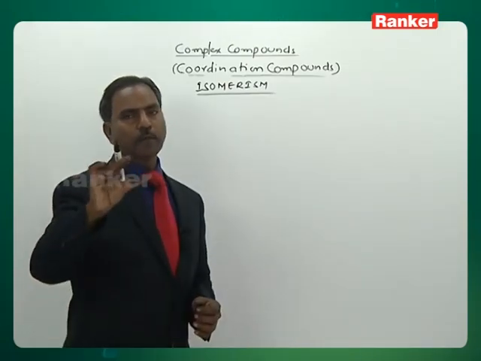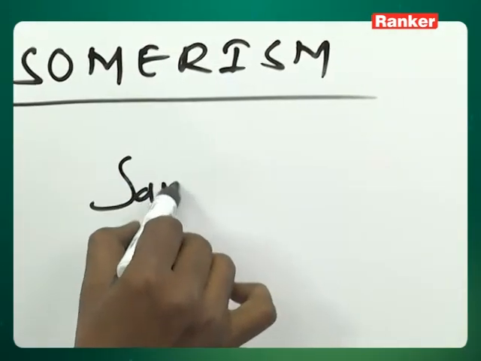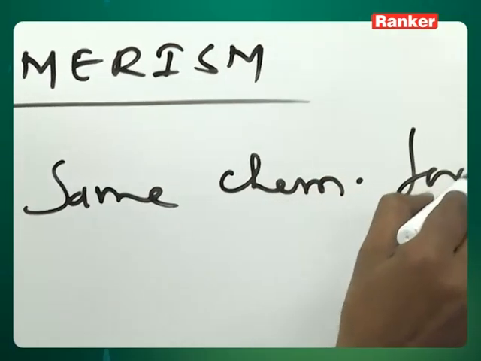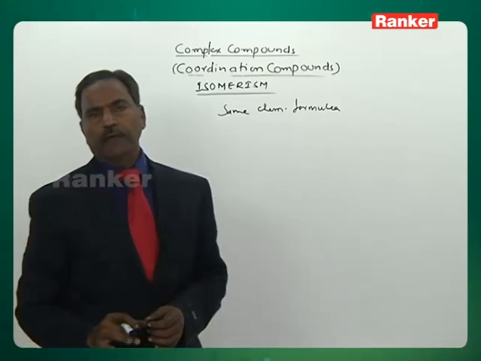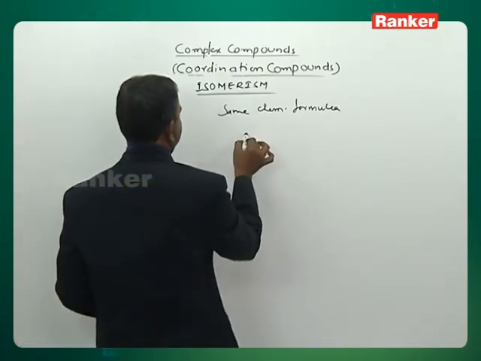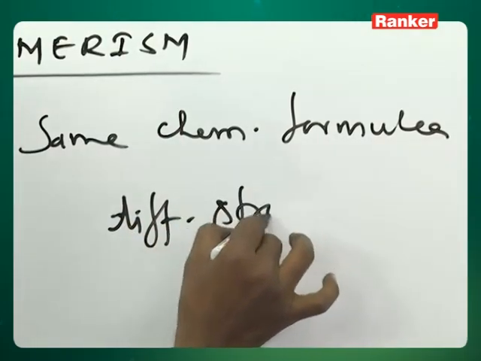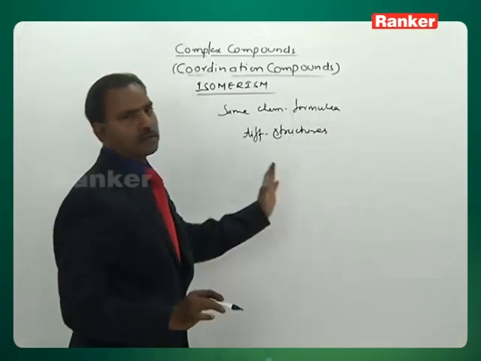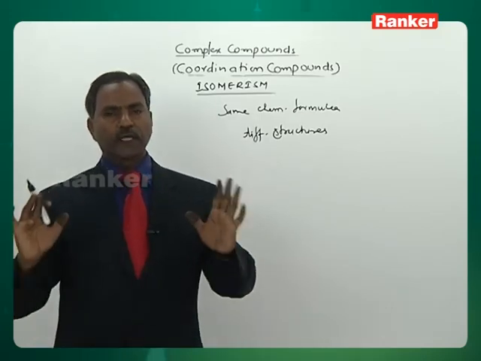The complex compounds which have the same chemical formulae but exhibit different structures are known as isomers.